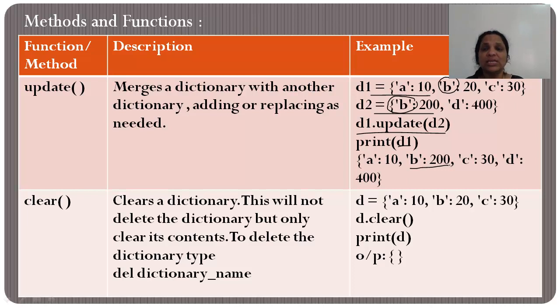So if you see, things are getting added, and if there are similar keys, then it is getting updated as well. So when you write D1.update(D2), D1's B value gets updated with D2's B value. But suppose you had written D2.update(D1), then it's the other way around. So here remember, after executing this, D1 has changed, but D2 hasn't changed.